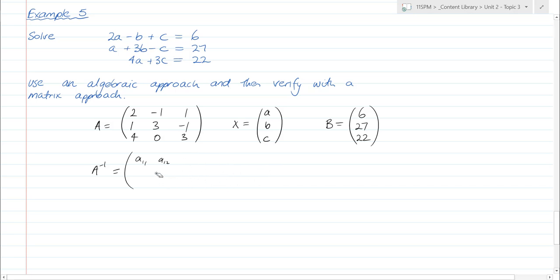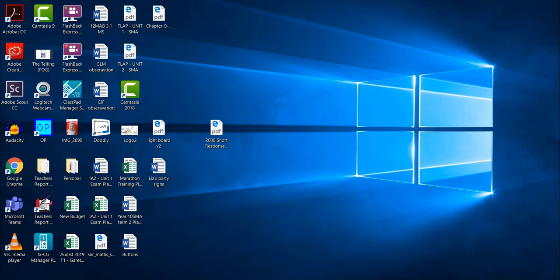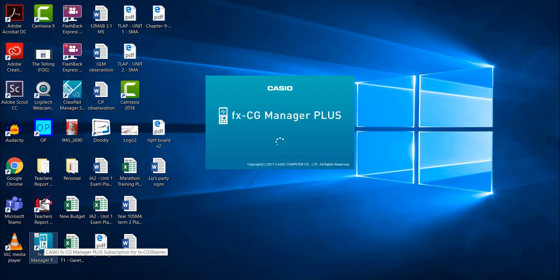So how do we do this with technology? We can actually just find the inverse. We can find a determinant.